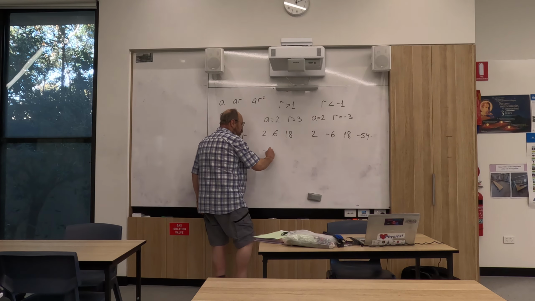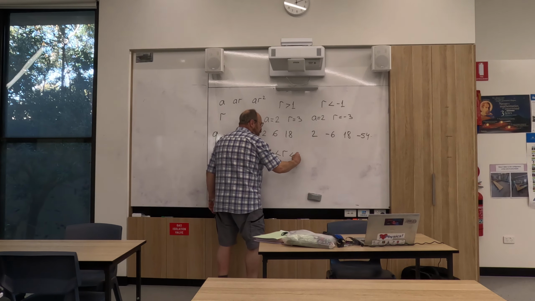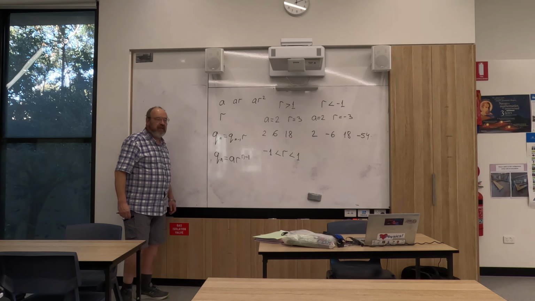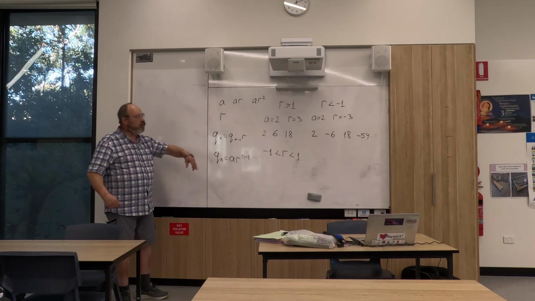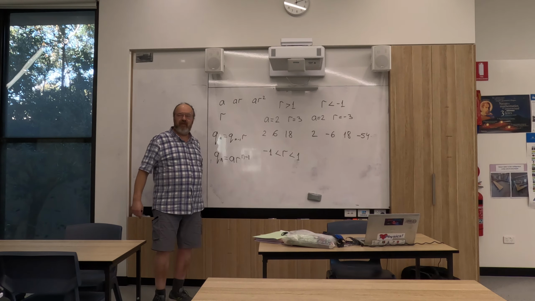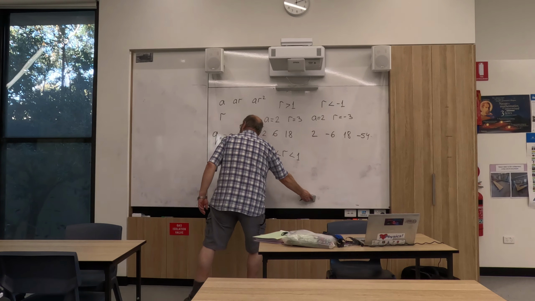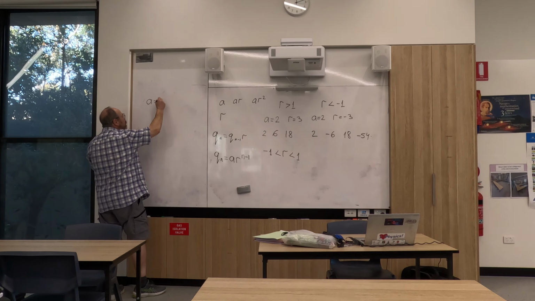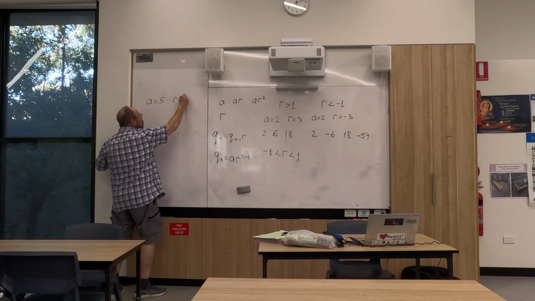If you multiply by negative 1, it will be just the same number alternating positive, negative. But if the common ratio is in the interval between negative 1 and 1, the terms will be convergent to 0. For example, the first term is 5, and the common ratio is 1/2.